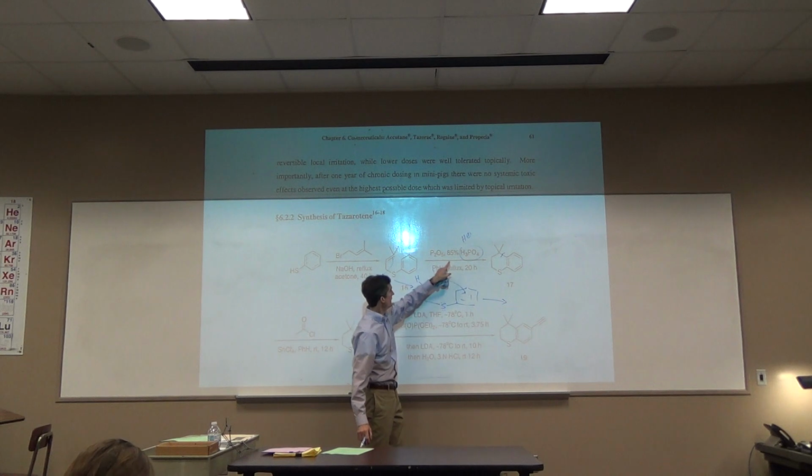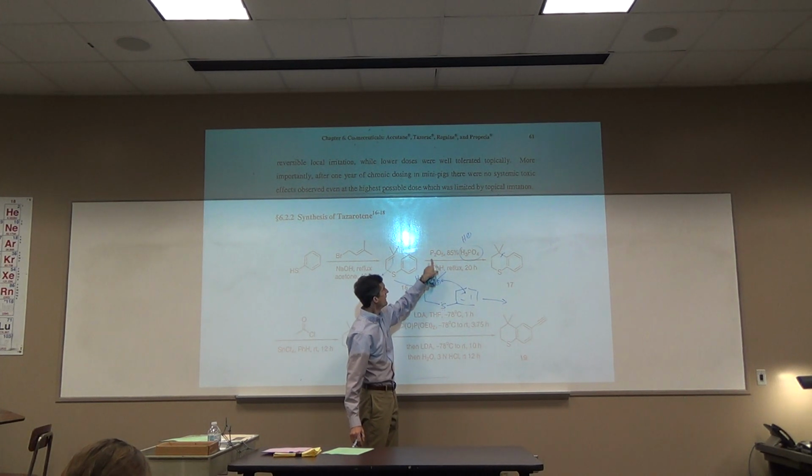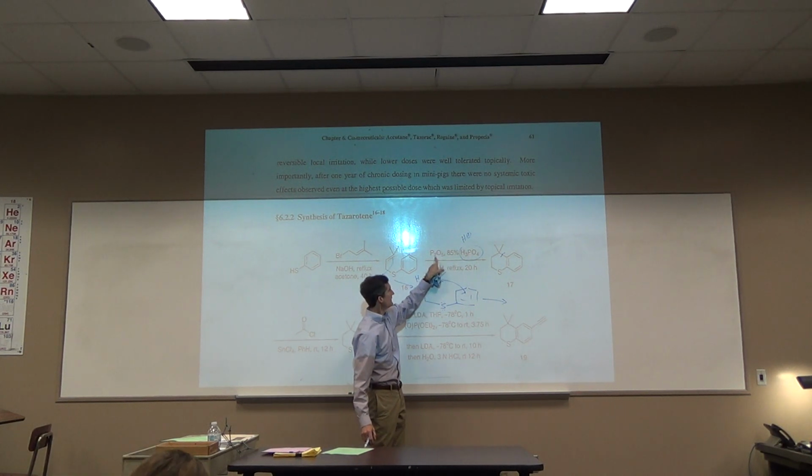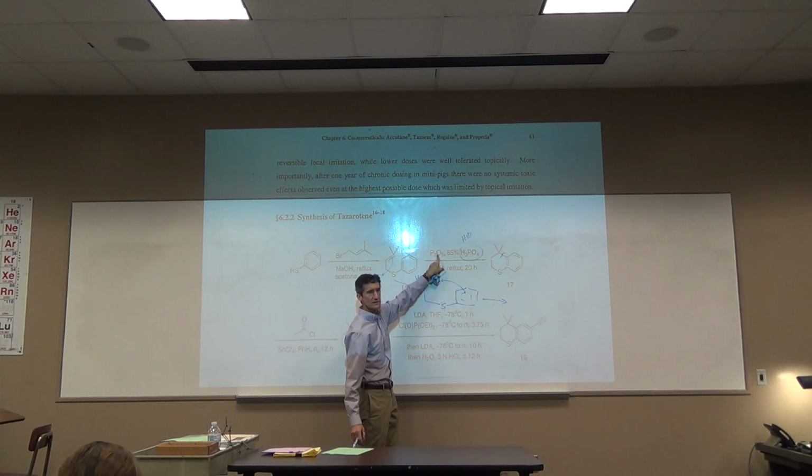Phosphoric acid. P2O5 is sort of an anhydride of phosphoric acid, somewhat. This is aqueous. This sort of gets rid of some of the water. Apparently they need it to be more acidic, probably. I don't know why, but there's fine conditions in every reaction.